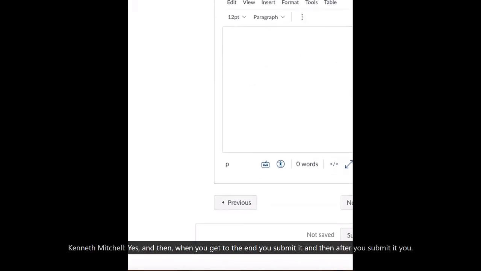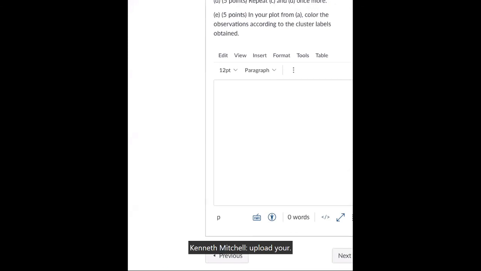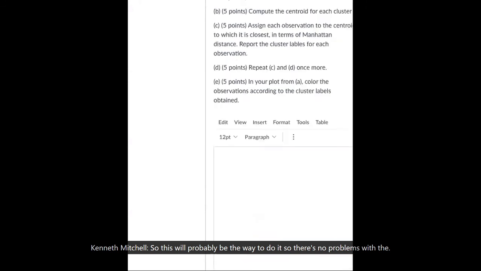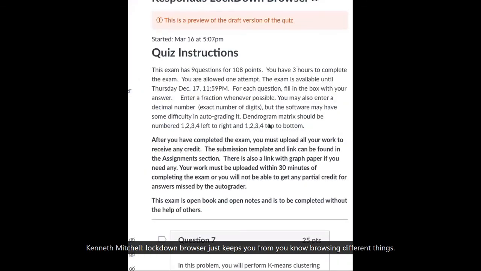And when you get to the end, you submit it, and then after you submit it, you upload your work. So this will probably be the way to do it. There are no problems with the lockdown browser. It just keeps you from browsing different things.